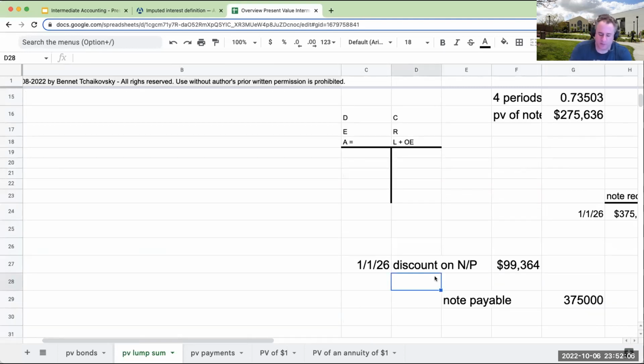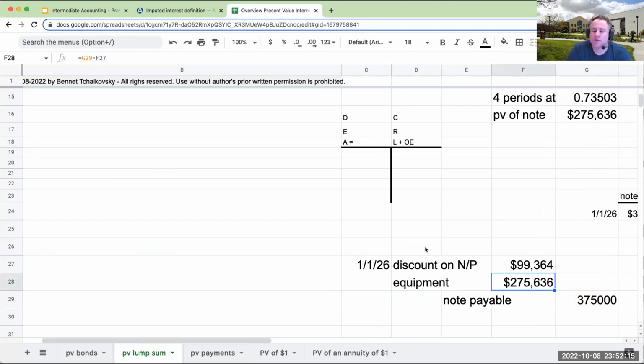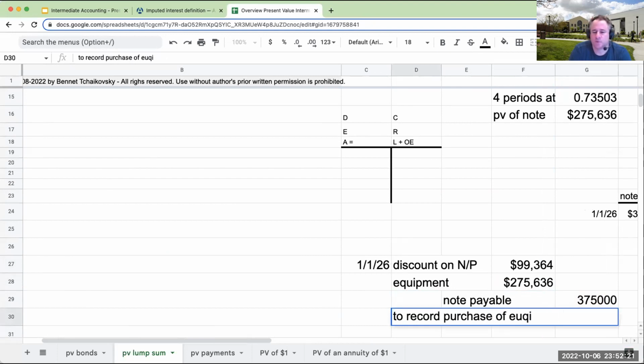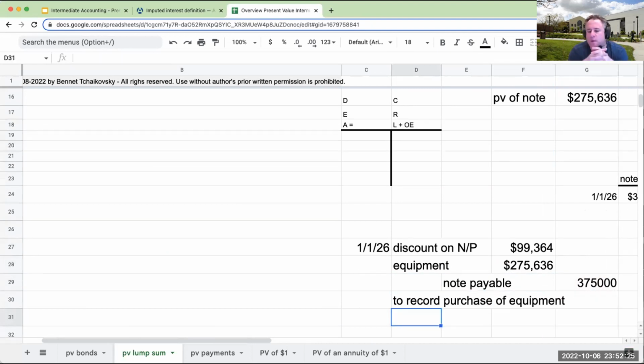What's the difference going to be? The difference here is going to be the equipment, and we would record the equipment at $275,636. So as somebody who's buying this, this is what I would do. Now, before I go any further, I'm just focusing on the interest and then on the note payable aspect, right?